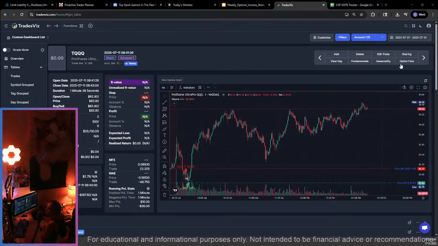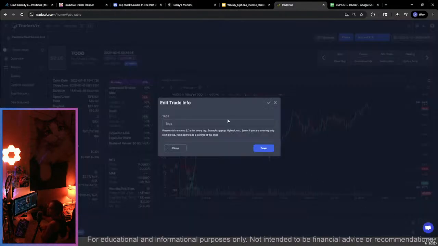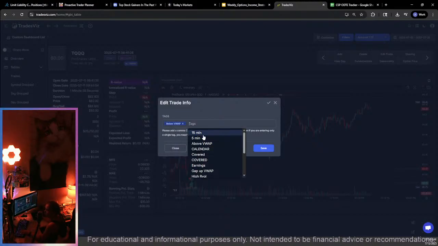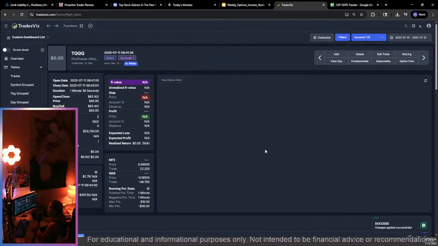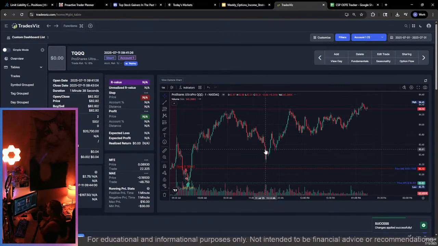Oh, this was a below VWAP trade, but on Friday Schwab was not acting right and things weren't updating quick enough, and I got in and out of this trade, which is a good thing because the market is ultimately going up, but it was below VWAP, so I was at the retest, and then it took off, but luckily I was able to get out before the system started glitching out, like the prices weren't updating, and so I didn't trade anymore that day.